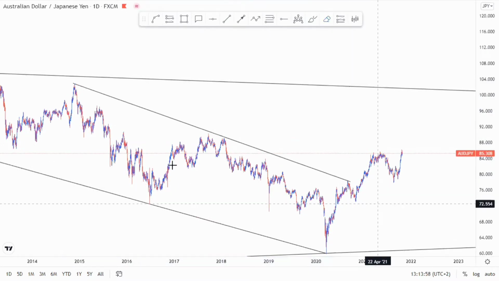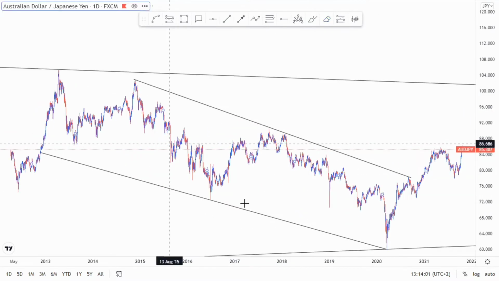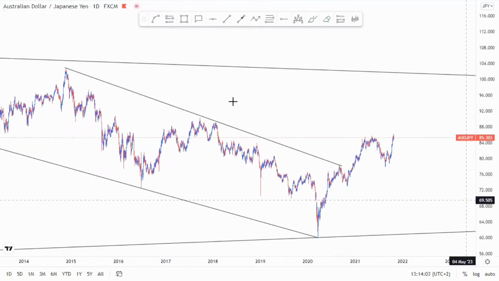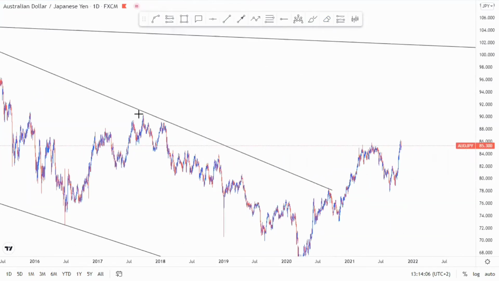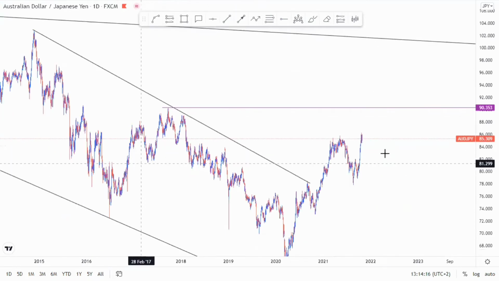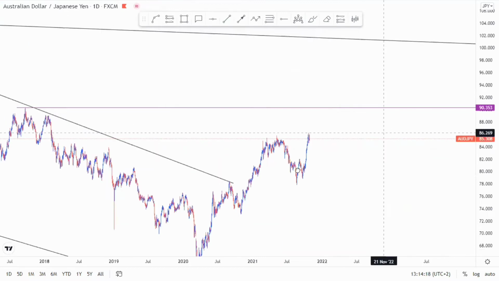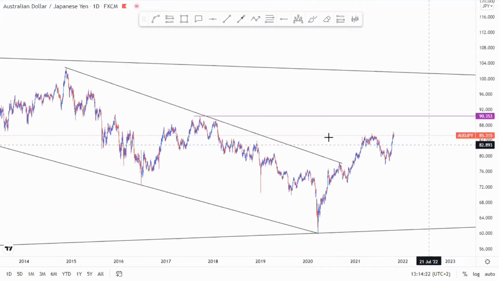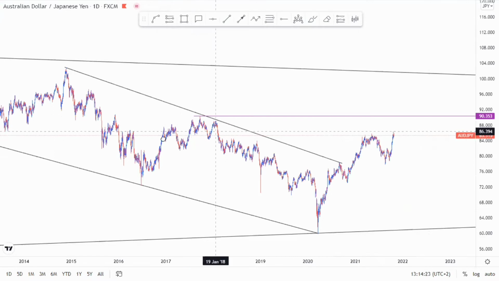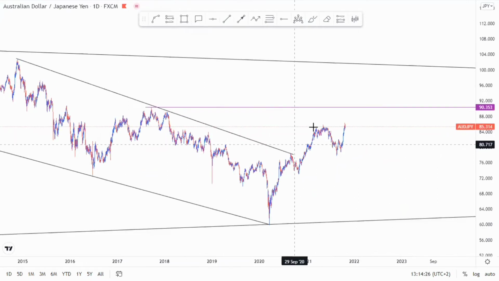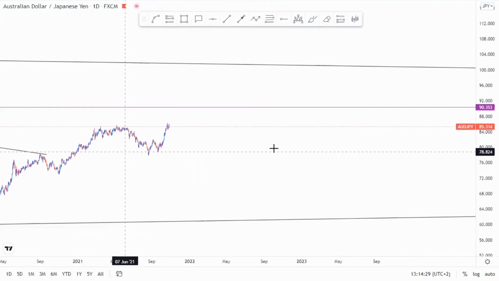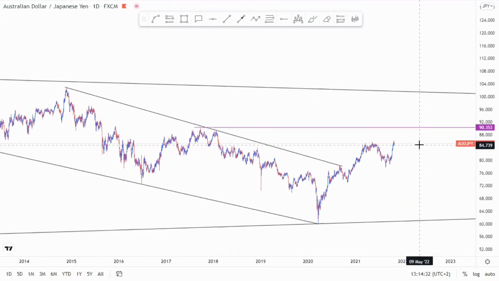Let me just highlight this high where price could possibly reverse and go down for a retest, but I don't really see any price action. I don't really see any structure here on the daily time frame. So let me just go straight to the 4-hour time frame.